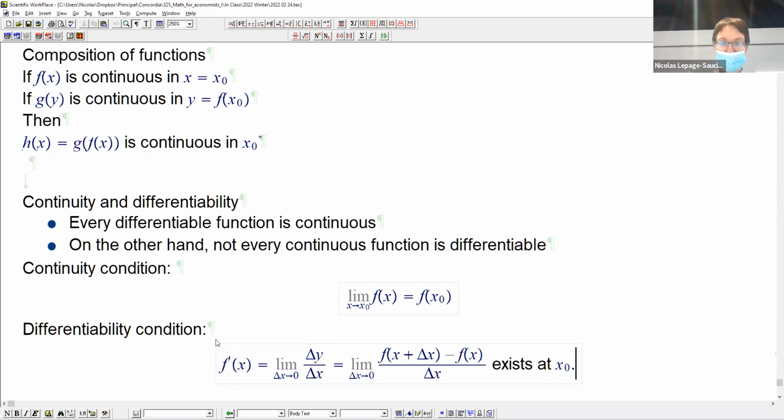So this limit must exist, and it's not always true that it exists. It depends where.